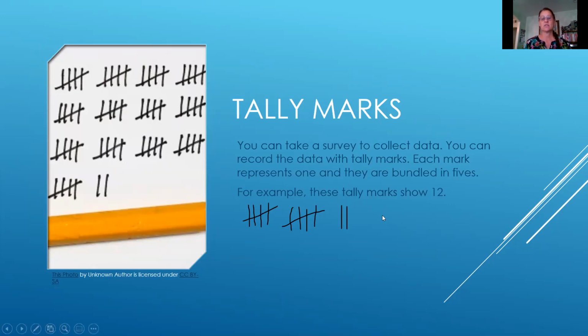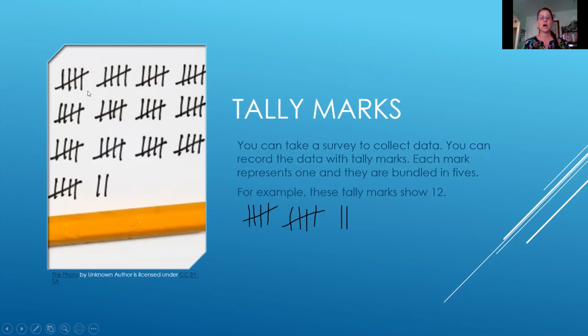Here it shows you an example on the bottom of 12 tally marks. So every time you do it, you put a line down, another line, another line, another line, till you have 4 lines straight down, and then you have a diagonal line that crosses over, and that's how it bundles 5. In the picture over here, there's a lot. If you were going to count them one by one, it would take you a long time.